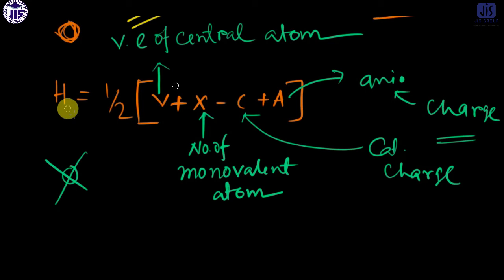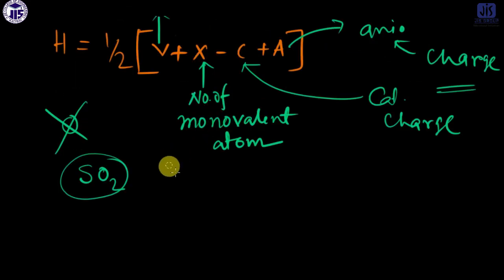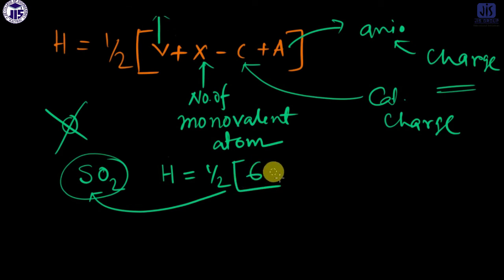For example, if you think about the SO2, which we just discussed, then H equals half of the following. The valence electron of sulfur is 6, plus X, monovalent atoms: there is no monovalent atom, so it will be 0.